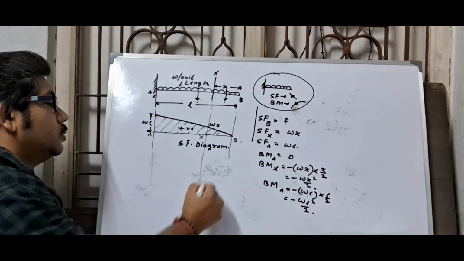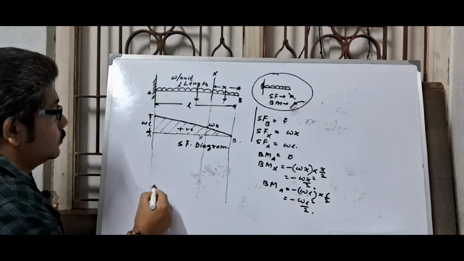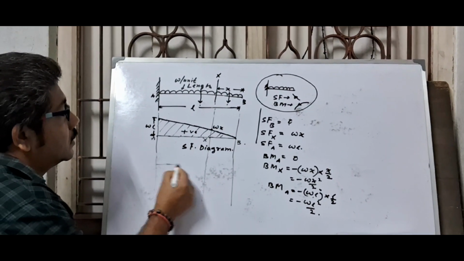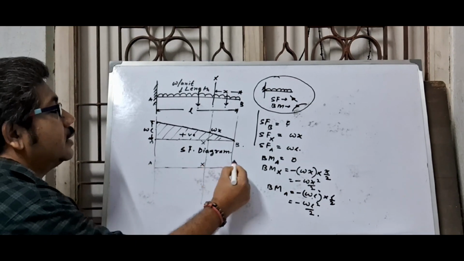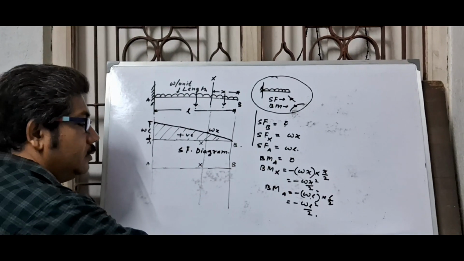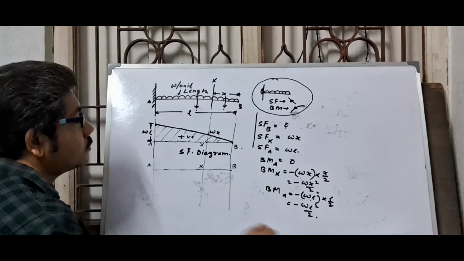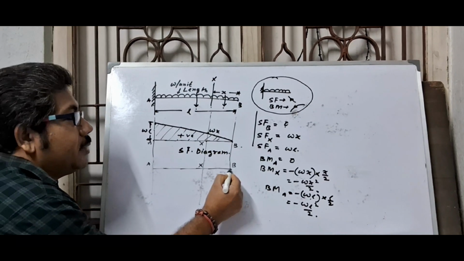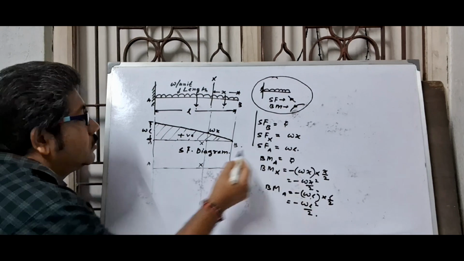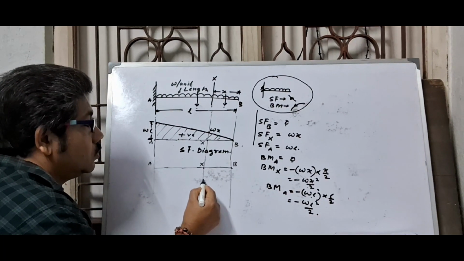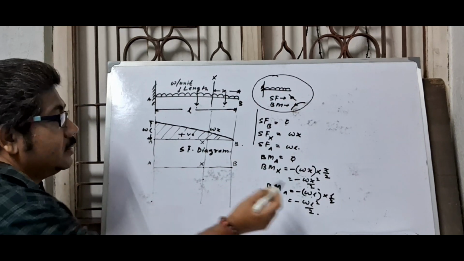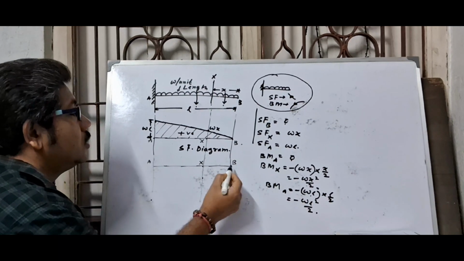So draw projection lines, and this is the reference line A, X, B. At point B bending moment is 0. At point X this is omega x square by 2, and at point A this is omega L square by 2.